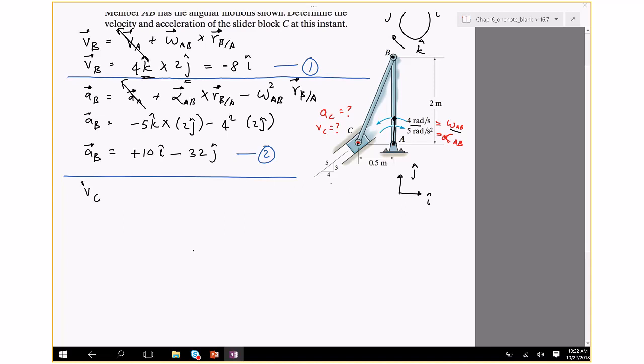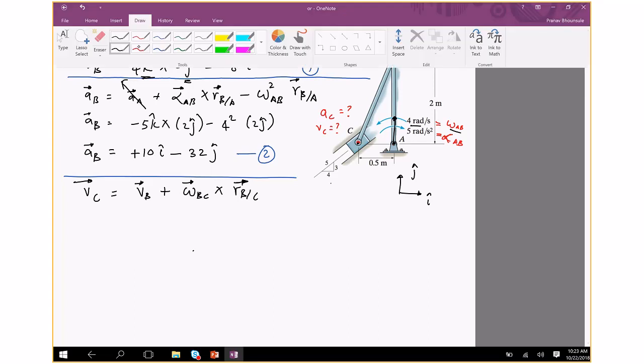Velocity of C is velocity of B plus omega BC crossed with the vector from C to B. Okay, so let's see what we know about these things.